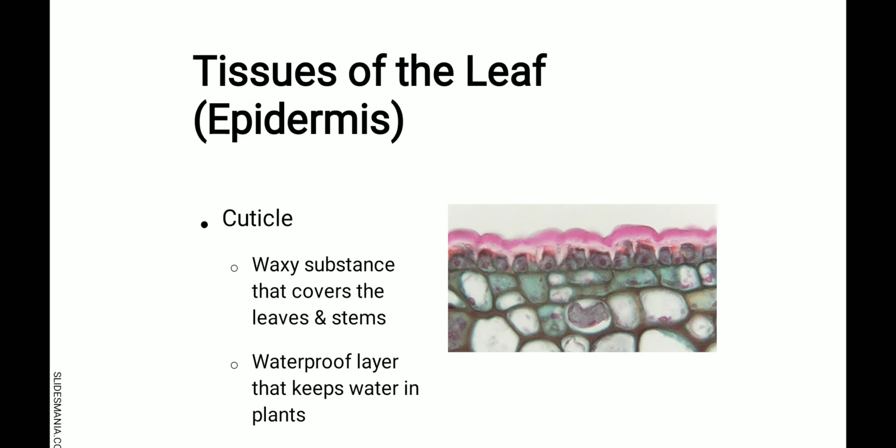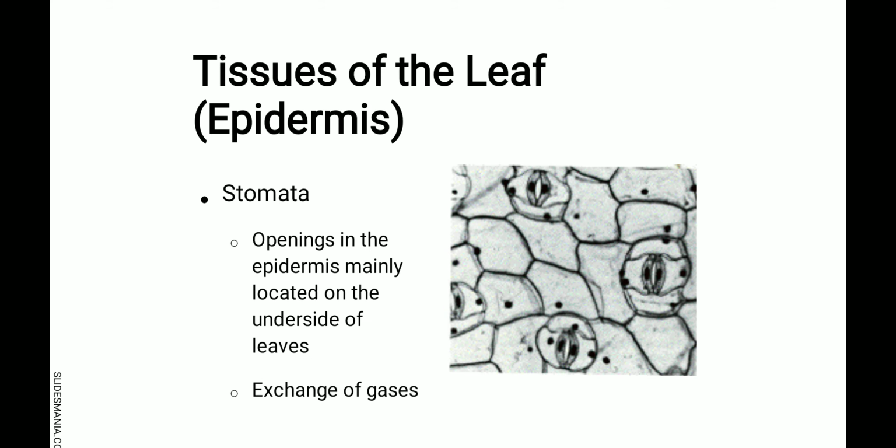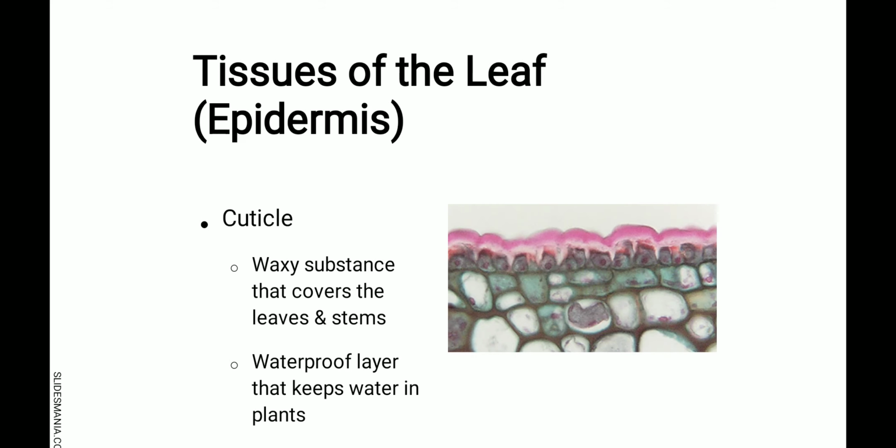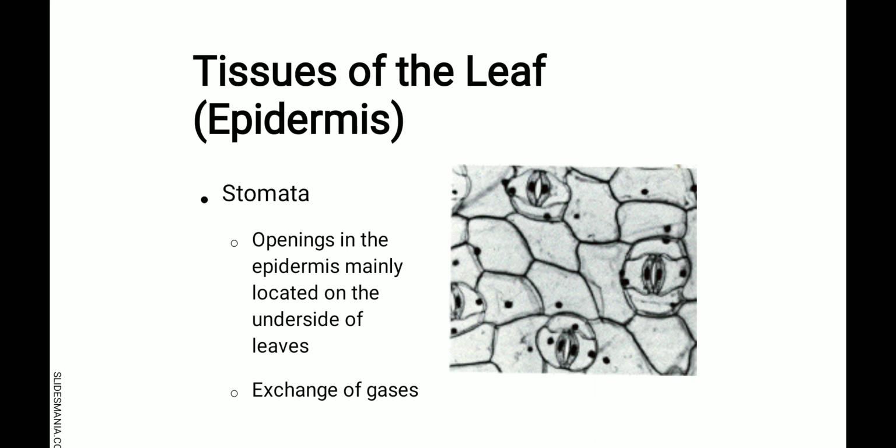So, I already discussed to you the cuticle that produces a waxy substance called the cutin. This is the waterproof layer that keeps water in the plants. And then the stomata, these are the openings in the epidermis, mainly located on the underside of leaves. This works in the process of gas exchange.